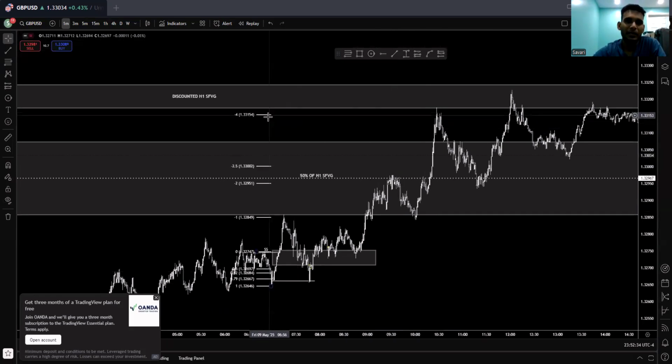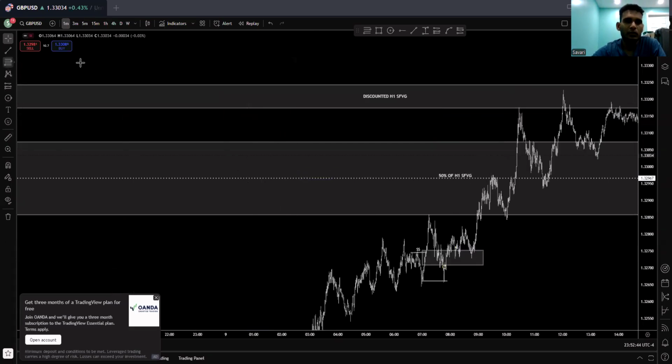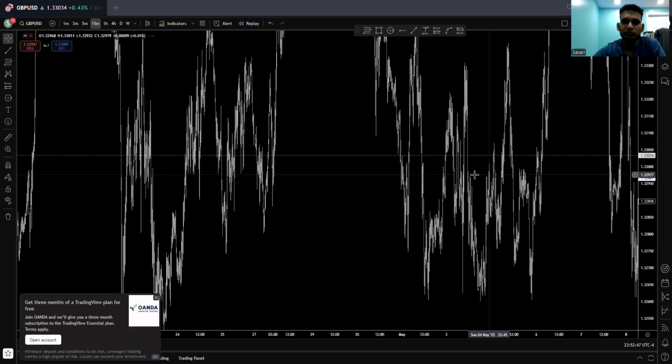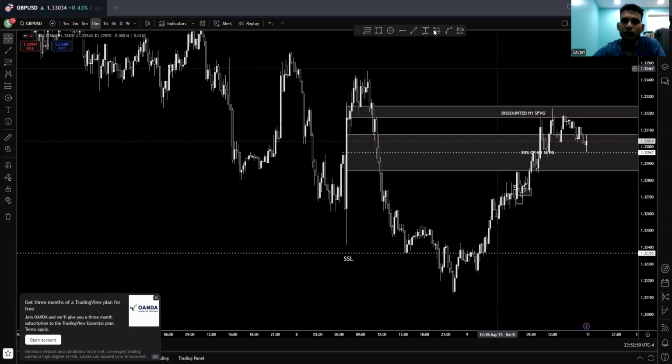But it played really well. This projection also beautifully played, and also the 15 minute projection that I marked before, this also projected beautifully.